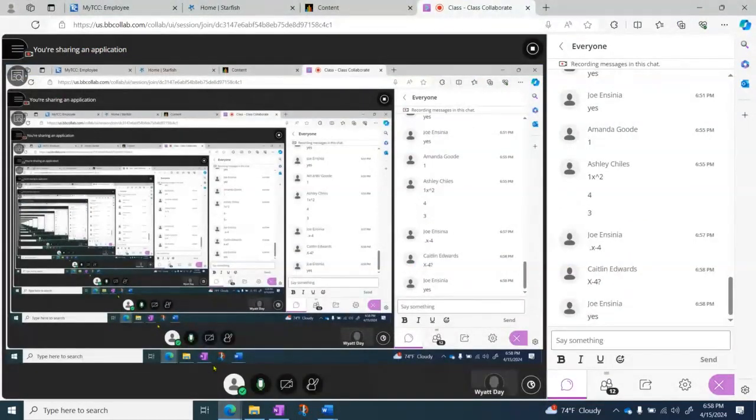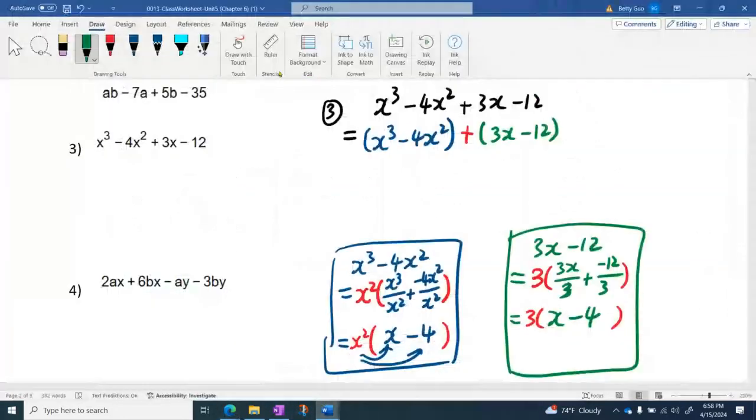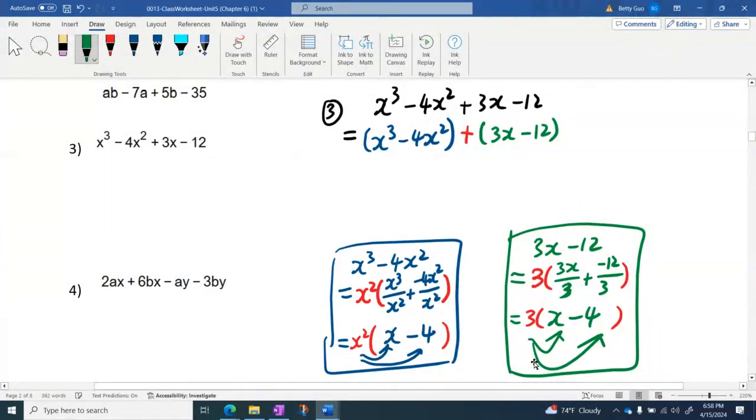It is x minus 4. If you are not sure, what do you do? You double check by reverse, right? Remember I told you factoring out GCF is the reverse of the distributive property. So we can double check our result by applying the distributive property. 3 times x, 3x. 3 times negative 4, negative 12.